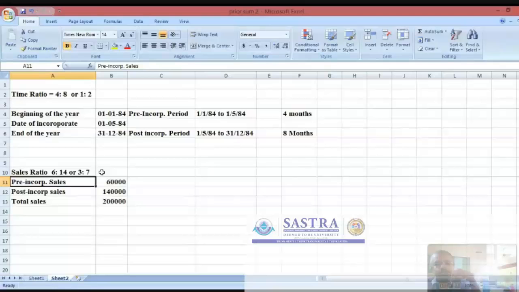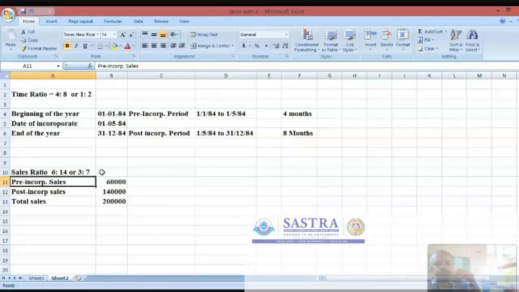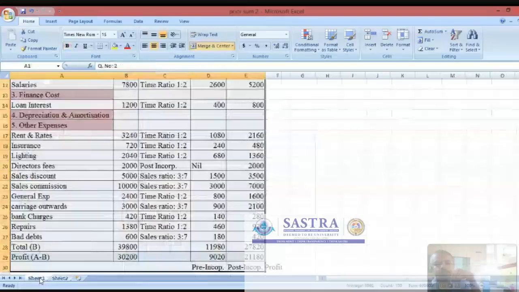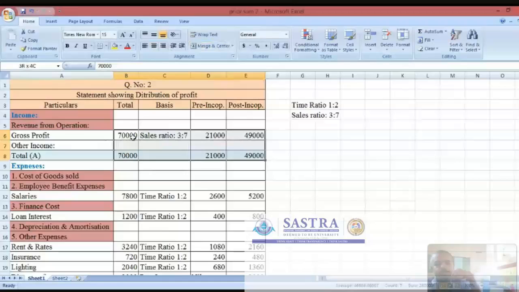Out of 2 lakhs, pre-incorporation 60,000 is understood, and the remaining 1,40,000 is post-incorporation sales. So we got the ratios: 1:2 for time ratio and 3:7 for sales ratio. Now we can go for it one by one. Okay, I'll go through it.